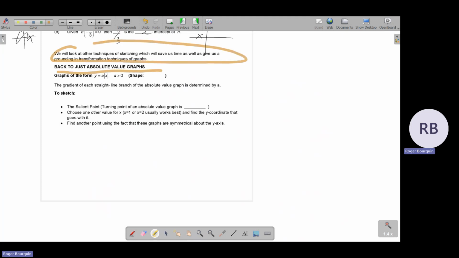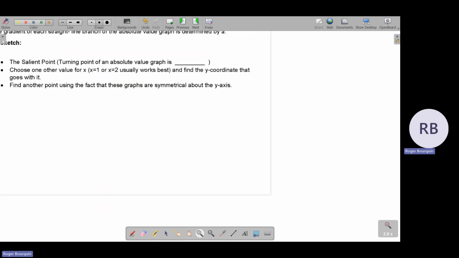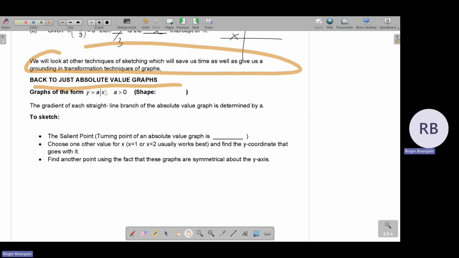If you had the graph y equals a times the absolute value of x, and a is some number bigger than 0, what's the shape of that graph going to be? Happy or sad? Happy, right? So the shape of that graph would be like this. That's the first thing you've got to recognize: the gradient of each branch is determined by a.